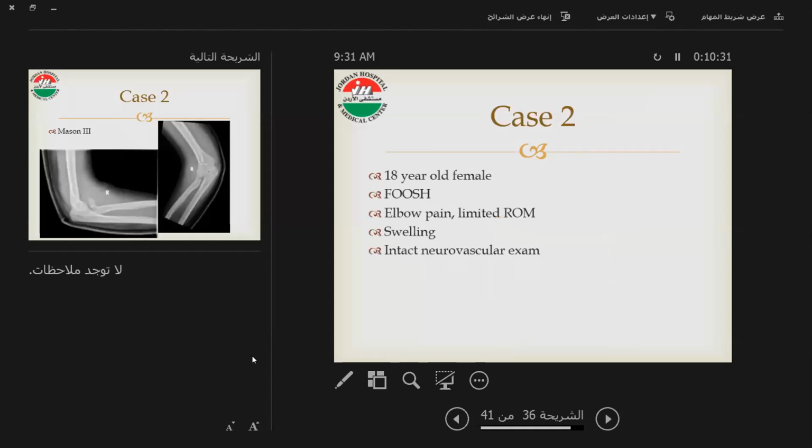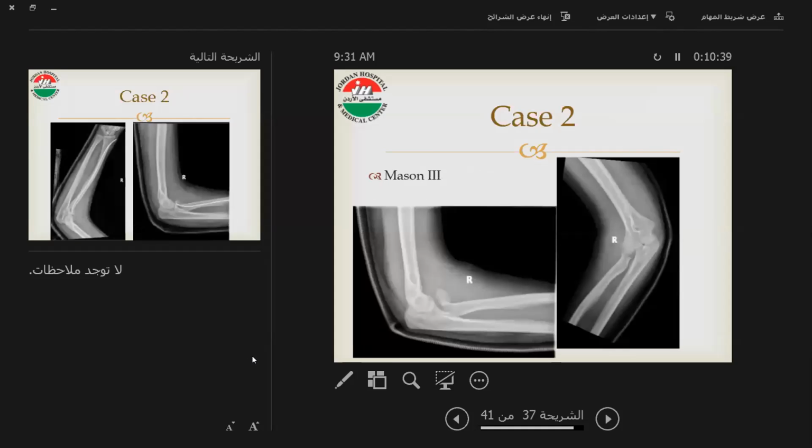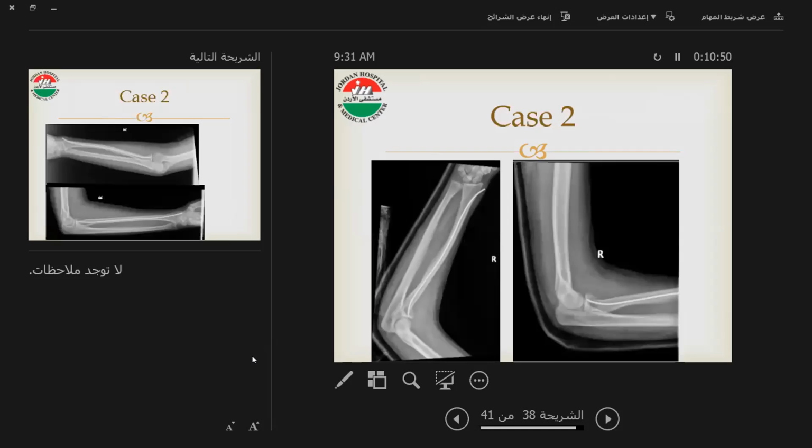The second case is an 18-year-old female who fell on an outstretched hand. The same presentation: elbow pain, limitation of range of motion, swelling, and an intact neurovascular examination. The X-ray showed a Mason type 3 fracture of the radial neck with some comminution. She was taken to the OR and underwent closed reduction and treatment using an intramedullary nail by the Metaizeau technique.